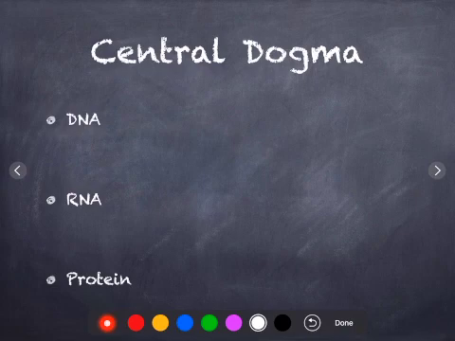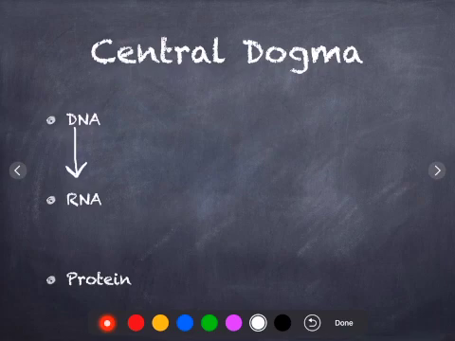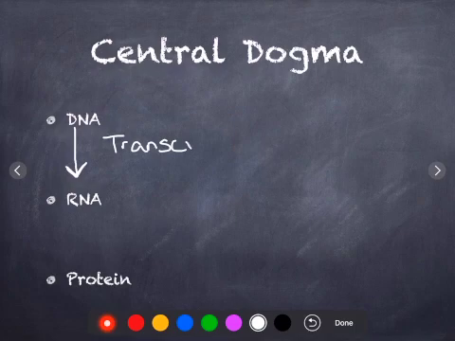So this kind of leads us to our central dogma. The central dogma of biology is this: DNA, RNA to protein. So our DNA is our genetic molecule, okay? And RNA is made during transcription.